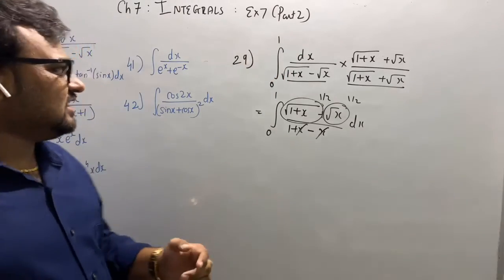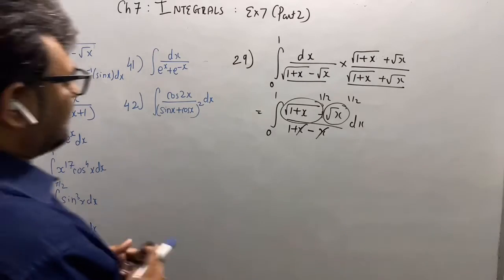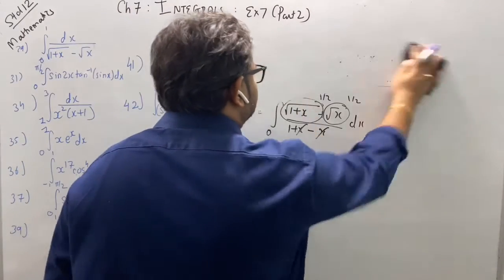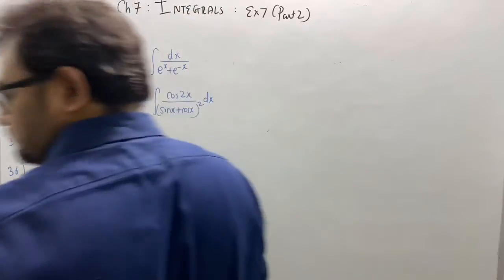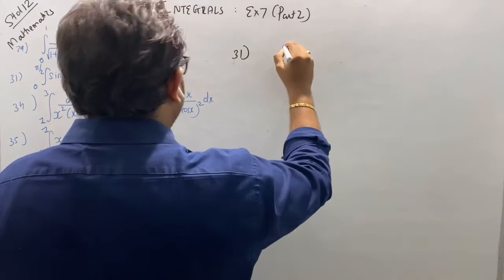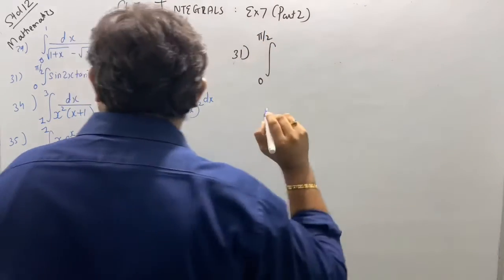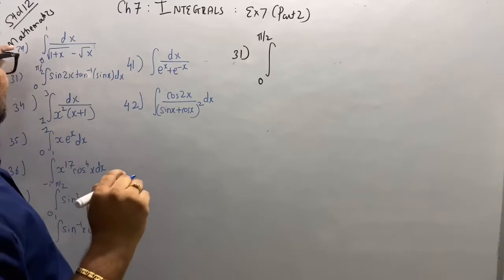Clear? Now let's see the next sum. Next is question number 31. Students, check that the numbers are random, okay?